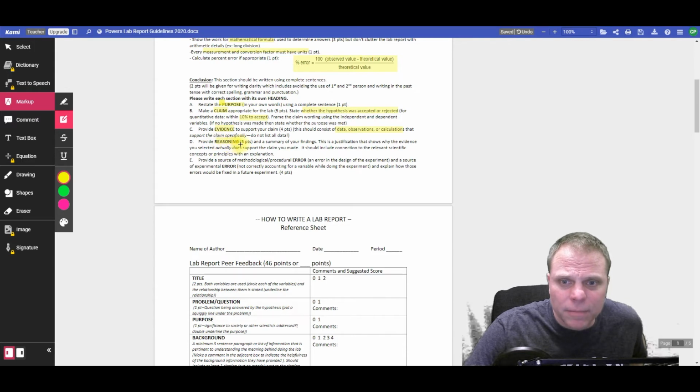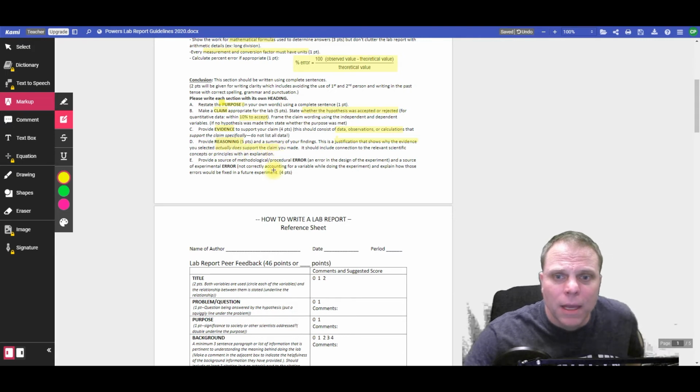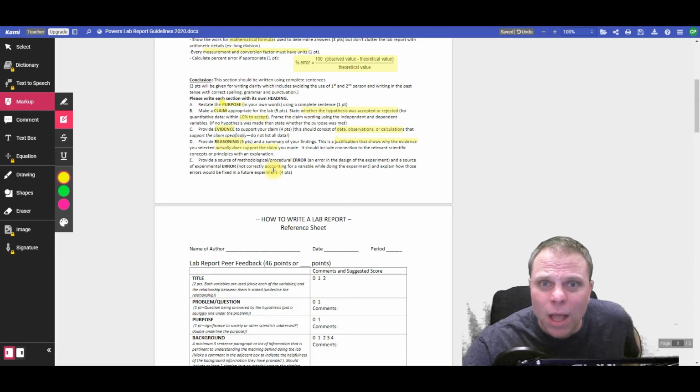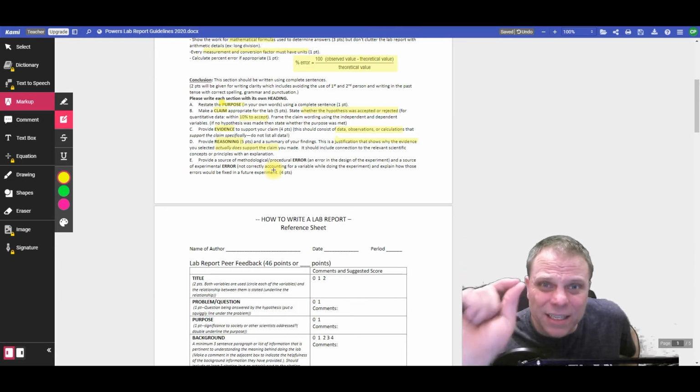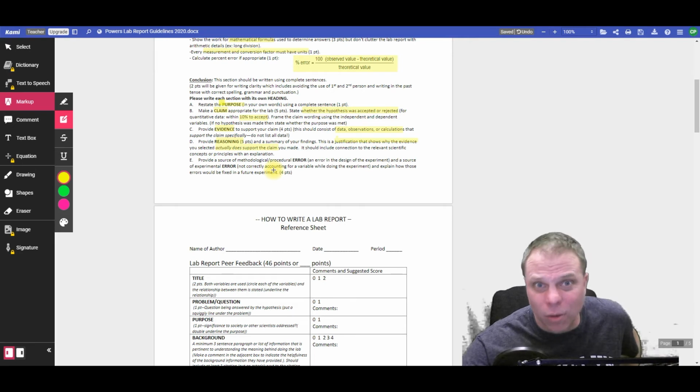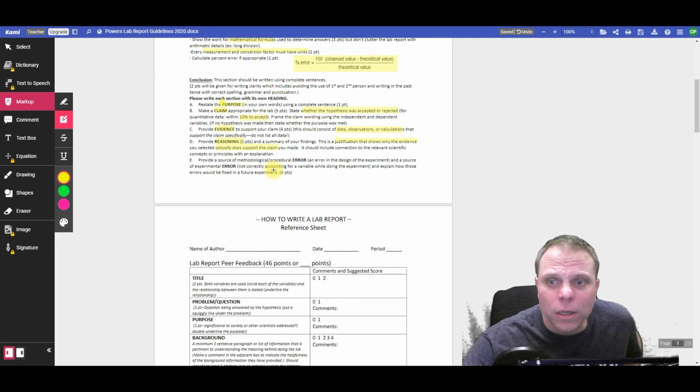Inside your reasoning, we want to see a justification that shows why the evidence actually does support the claim. Okay, so justification is one of the key words here. All right, so you need to really connect the dots for us. Make sure that we can see that you understand how those dots are connected between your evidence and your claim.